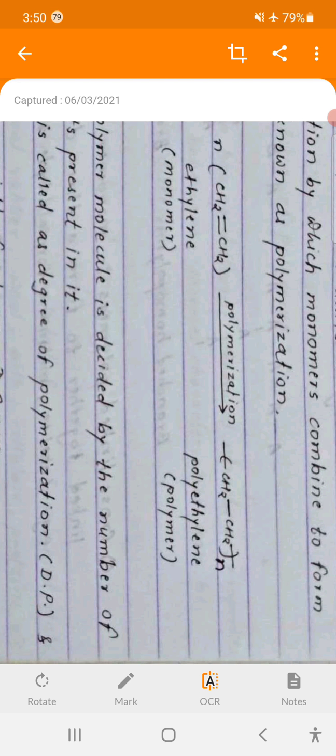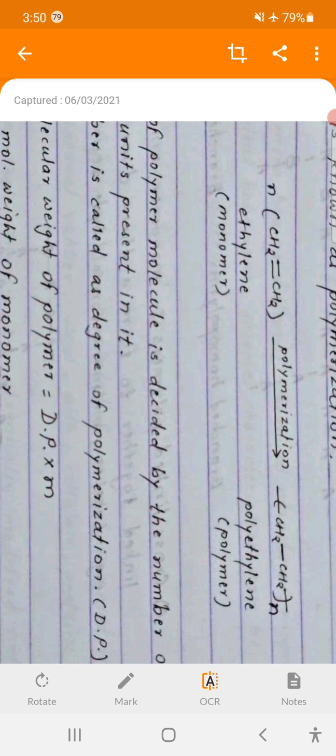That one is shown as dash CH2 dash CH2, like that. And how many units joined together? n number of. That means here the monomer is considered as ethylene and the polymer form is polyethylene.